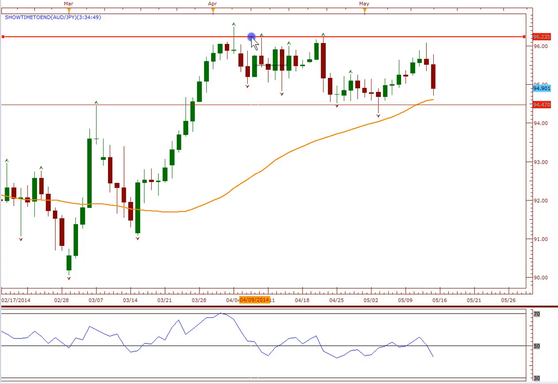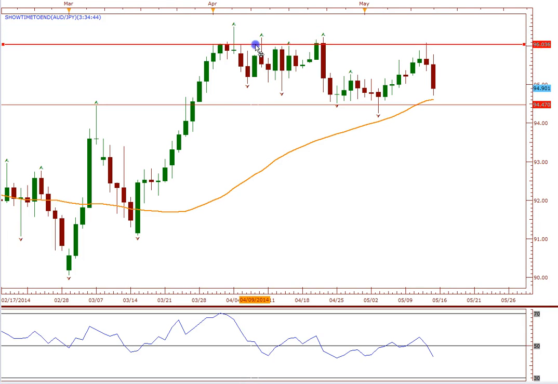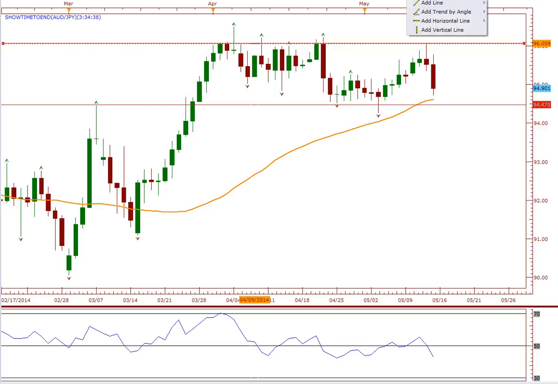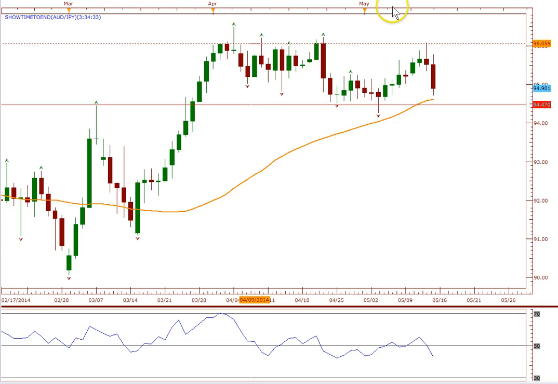Now a lot of traders come up and put it at the wick here. What I do for stuff like that, I make that a zone. So I would have made this a zone, because you did have trading in this area.